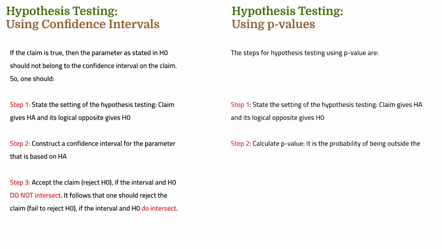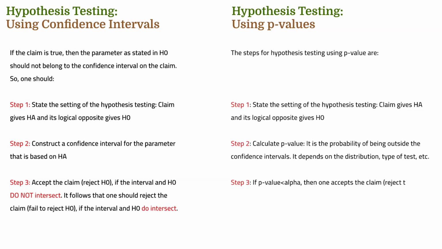It is the probability of being outside the confidence intervals. It depends on the distribution, type of the test, etc. Step 3, if p-value is less than alpha, then one should accept the claim or reject null hypothesis. Otherwise, reject the claim or fail to reject the null hypothesis.